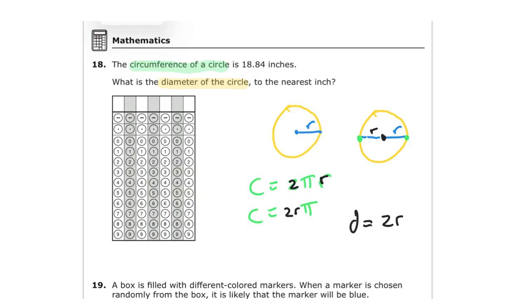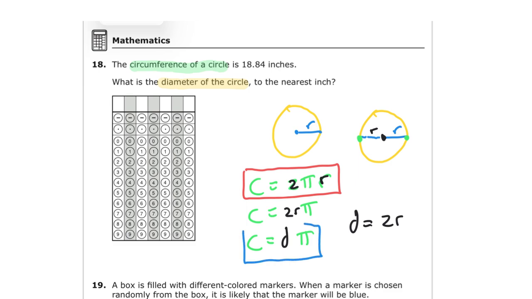Now, the idea here is that, yes, the formula for circumference could indeed be written as 2 pi r, but another way of writing the formula for the circumference of a circle is that it's the diameter times pi, because 2r is the diameter. So we really have two equally valid ways of writing the formula for the circumference of a circle. You have the red box way and you have the blue box way, and both are equally valid.